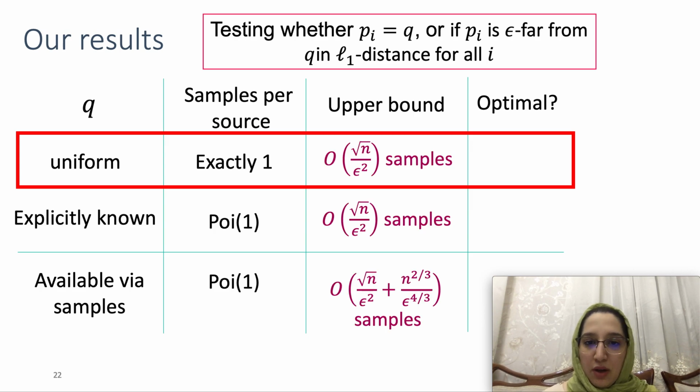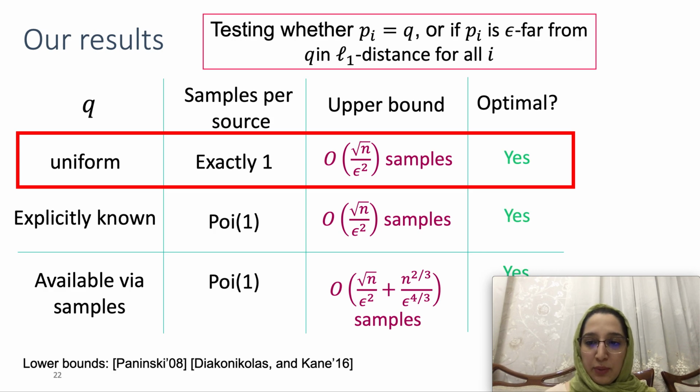And we have the following sample complexity. Since our model, as I mentioned, is requiring weaker assumption, the lower bounds in the standard model directly apply to our model. So we can use the lower bounds in the standard model, and it turns out that our sample complexities are optimal.